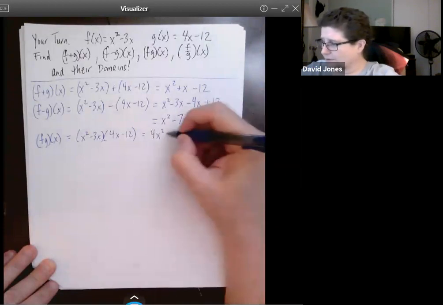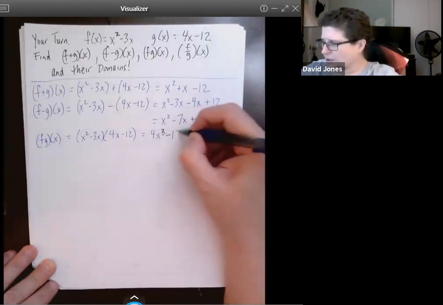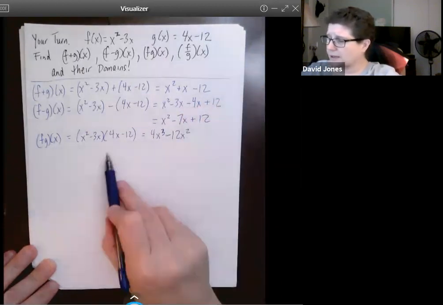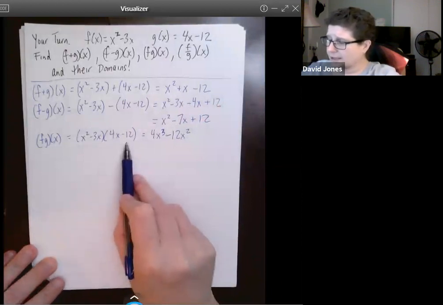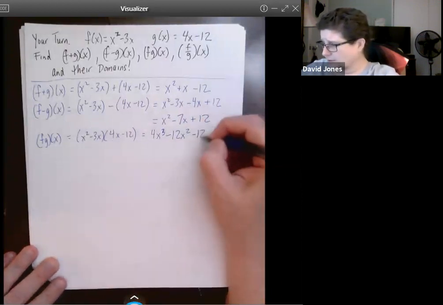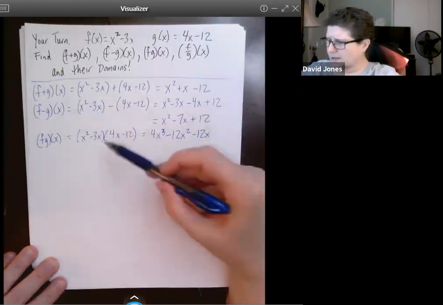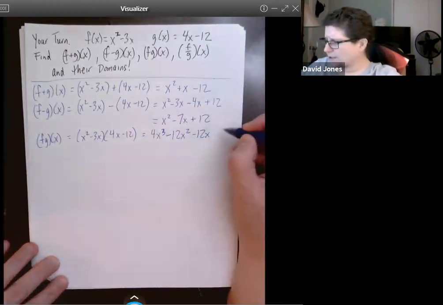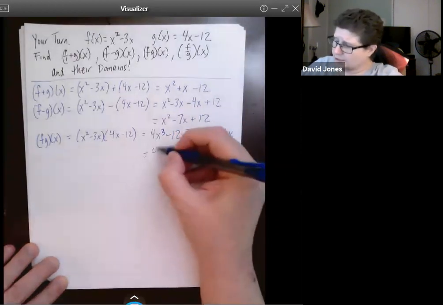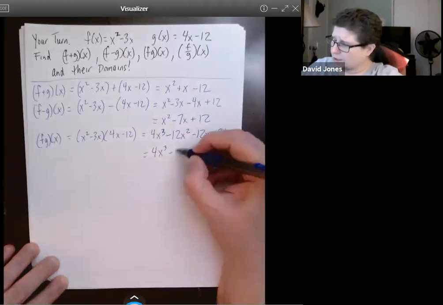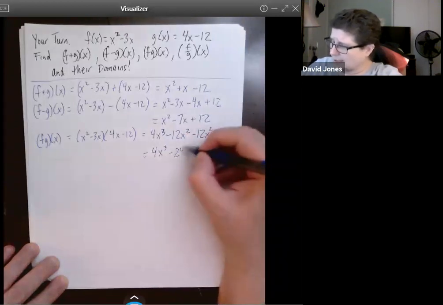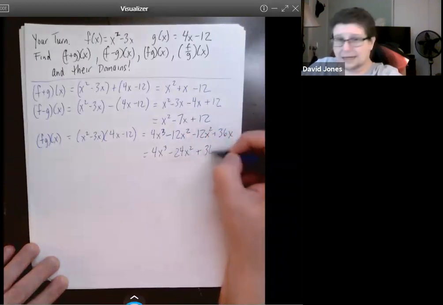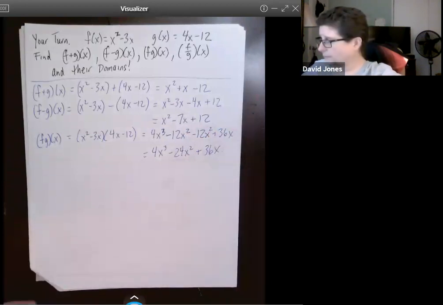I got negative 12x squared, and another negative 12x squared. And then negative 3x times negative 12 is plus 36x. So this is 4x cubed minus 24x squared plus 36x.